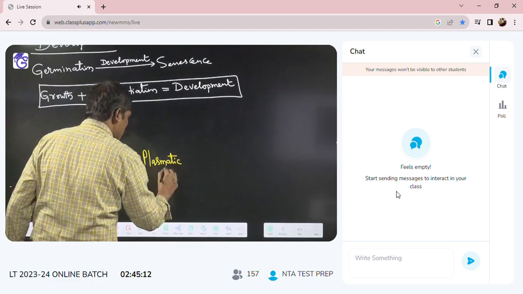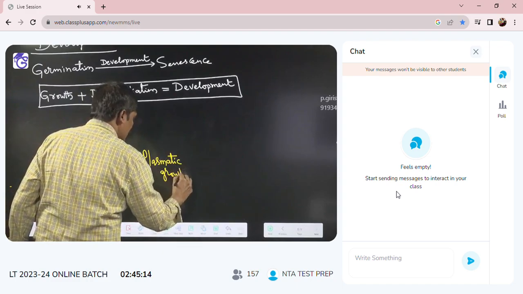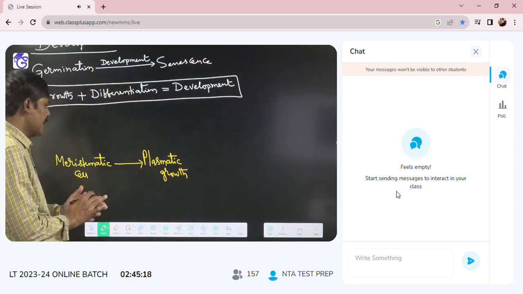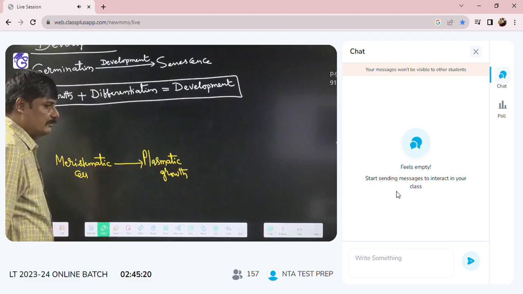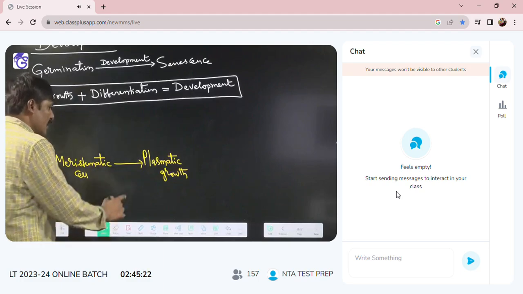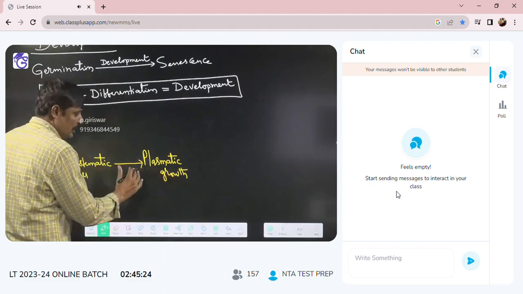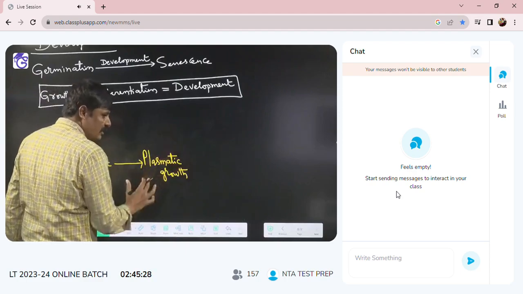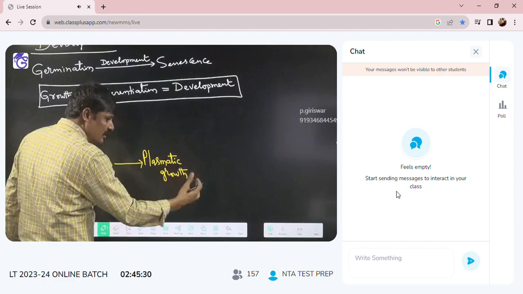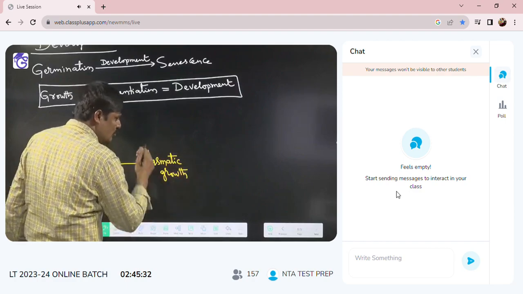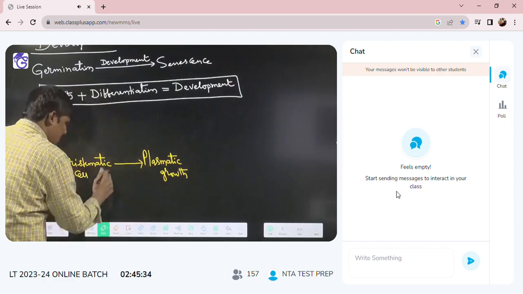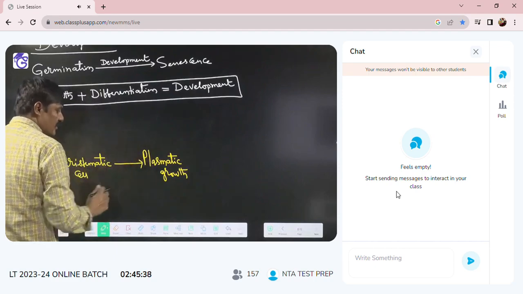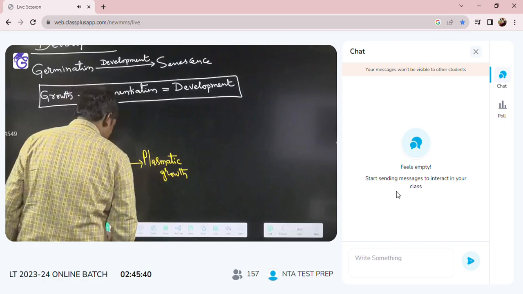Plasmatic growth means increase in the size of the cell. During plasmatic growth, the size of the cell increases. First meristematic cell is present. The cell grows and increases its size. This is called plasmatic growth.